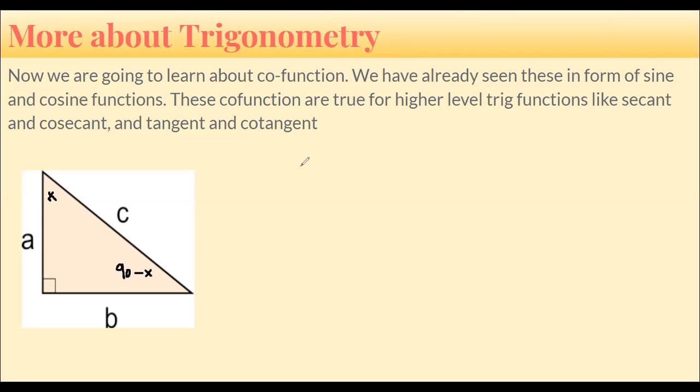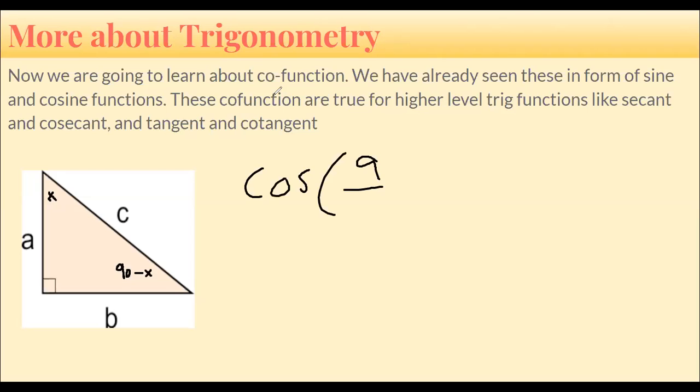Now, let's take the sine of x. Sine of x is equal to opposite over the hypotenuse. Sorry, let's take the cosine of x. The cosine of x is equal to a over c.